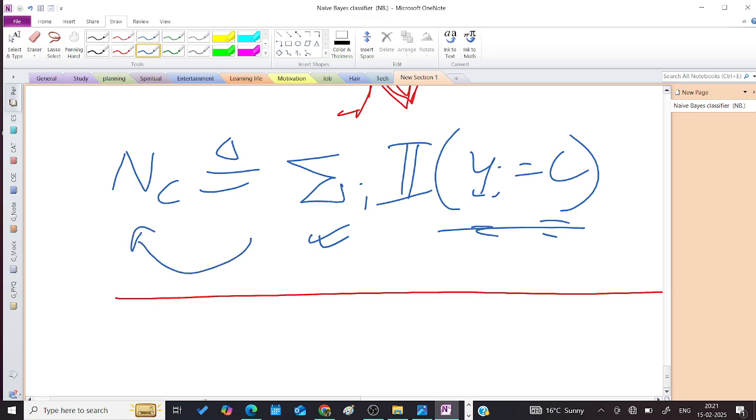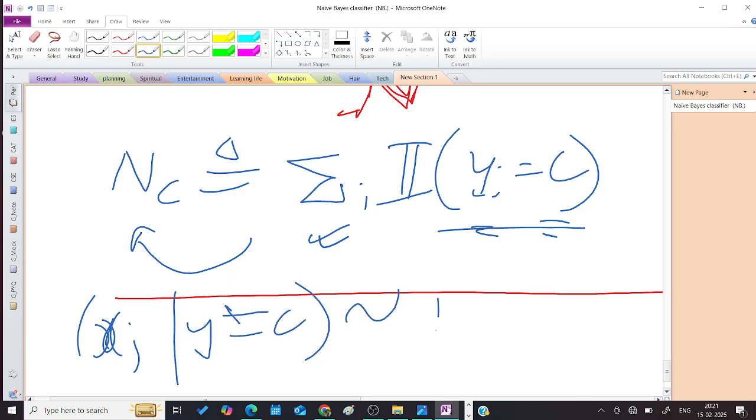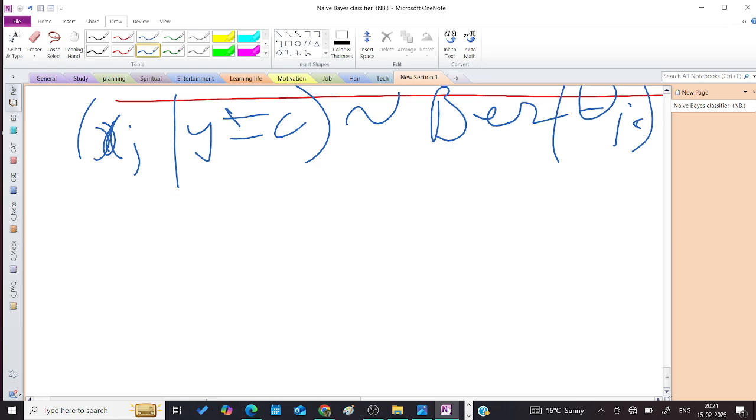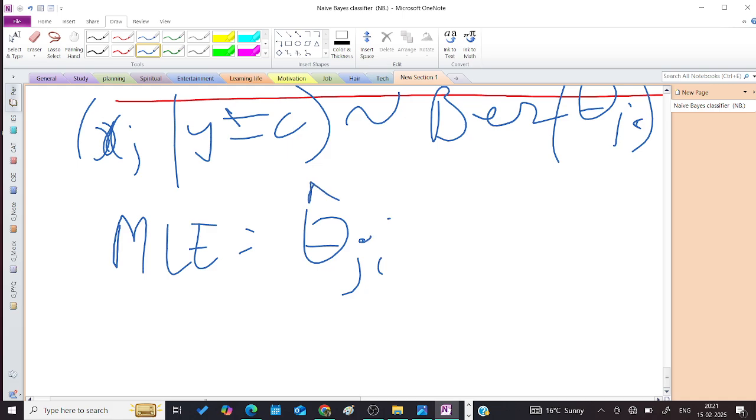Let all the features be binary, so xij given y equals c follows Bernoulli's distribution, and then the MLE will be nothing but njc by nc, right?